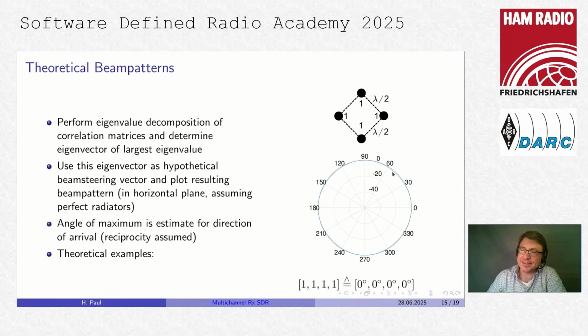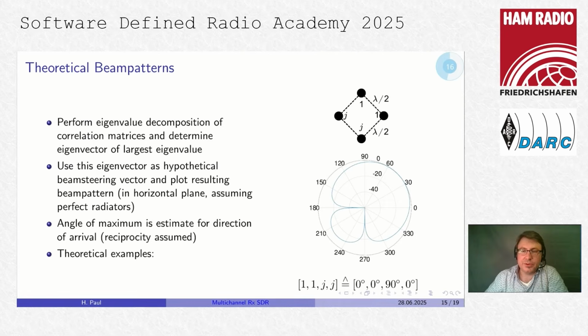It only has little dents of 1 dB, but basically in the main directions, this is 0 dB. And you have little dents here, 1 dB, at 45 degrees, for instance. This is the beam pattern that you get when you feed the antennas with identical signals. Means there is no phase shift between these antennas. You get this beam pattern.